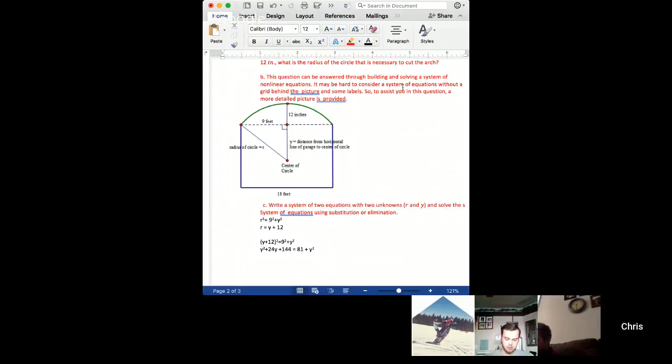But we already know the arc length. Well, it's weird because we already know the radius of the arc. We just don't know the radius of the circle. Yes. Freak, I have no idea.